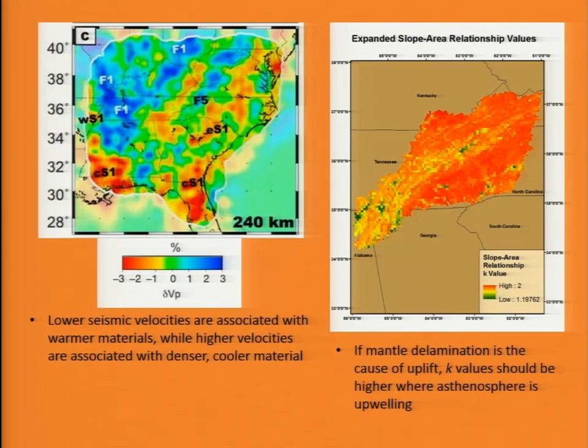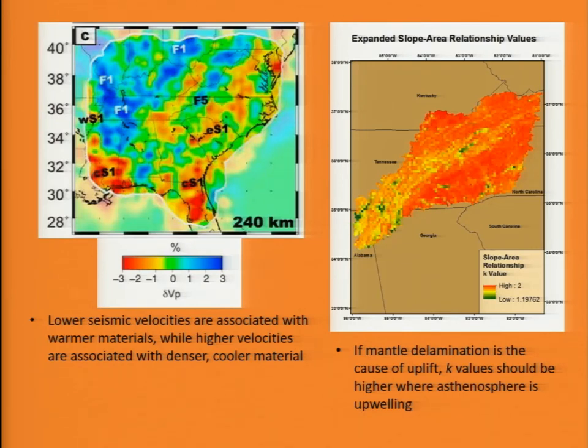I thought that matched up pretty well. You can see that streak of green, yellow, and orange through there that coincides with this section right here. And then you have these higher hypsometric integral values coinciding with that green and blue, which is indicating where that mantle is sinking.